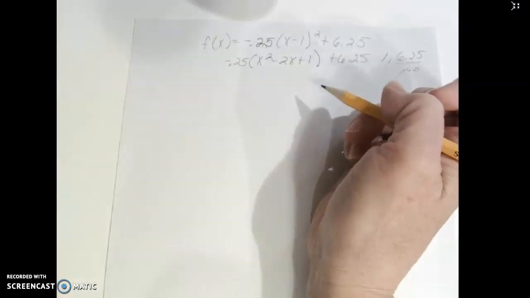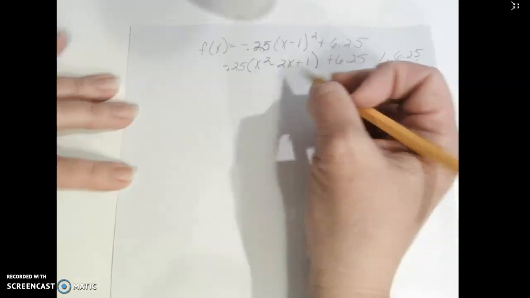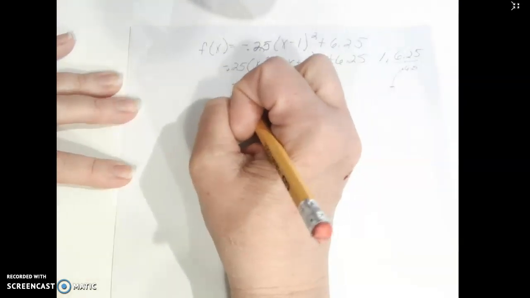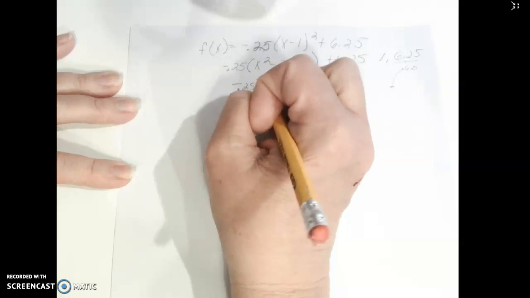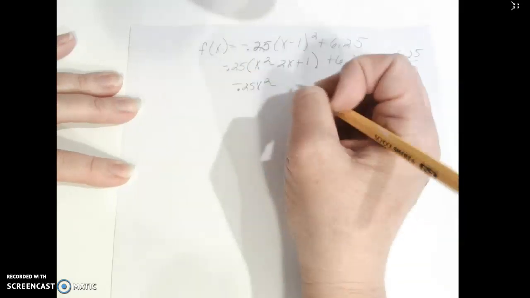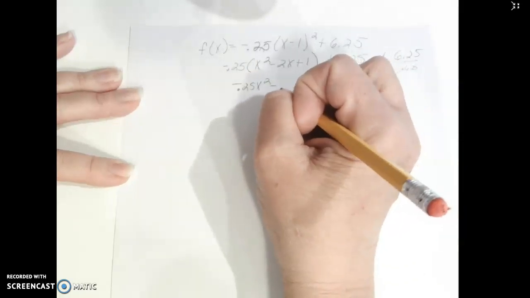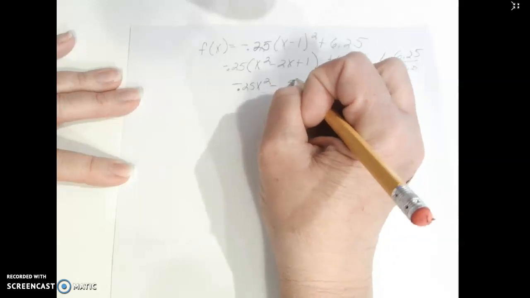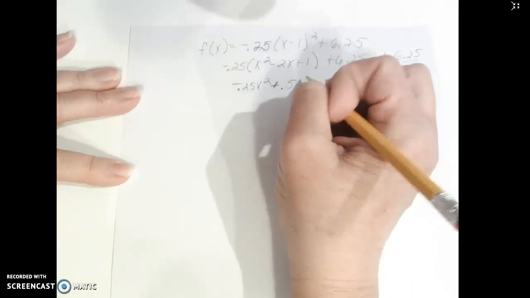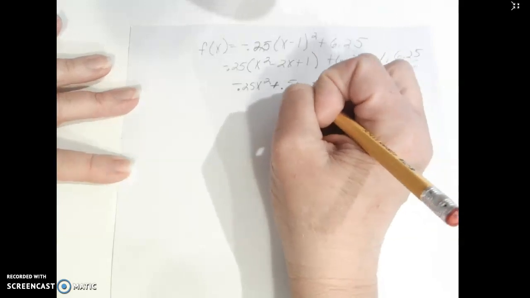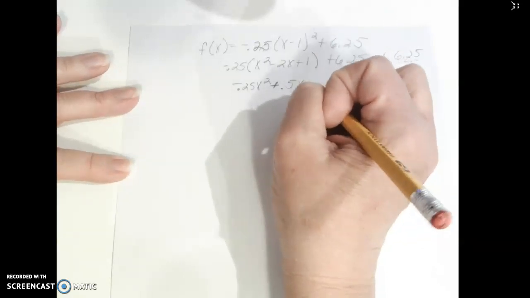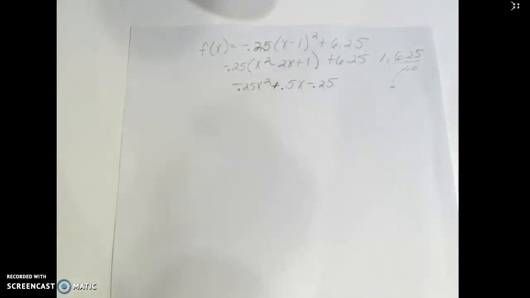Now I'm taking 1/4 of everything and watching my signs. So we have negative 0.25x squared, negative times a negative, plus 0.5x minus 0.25.